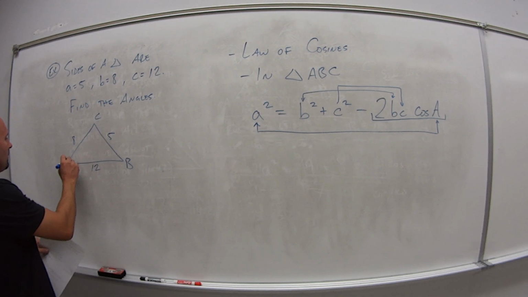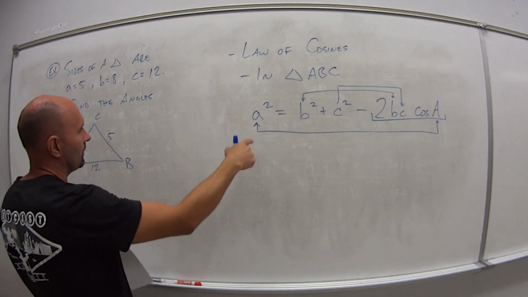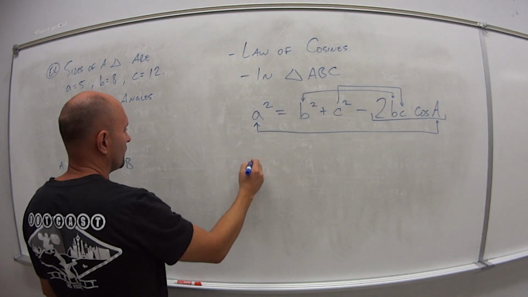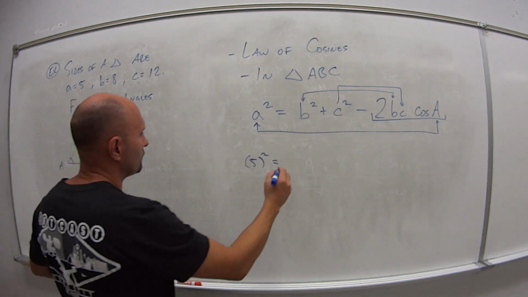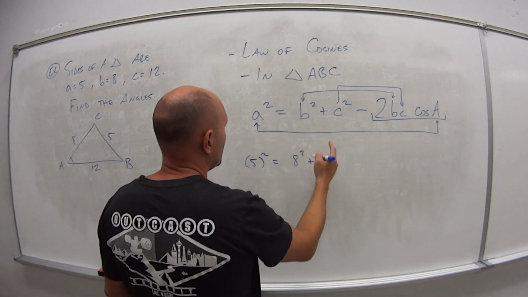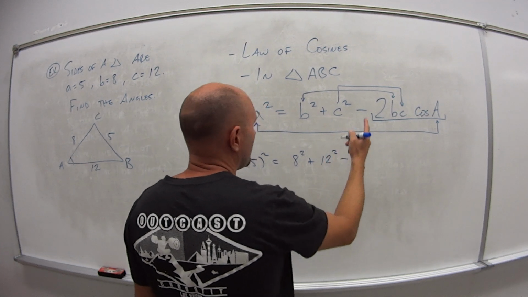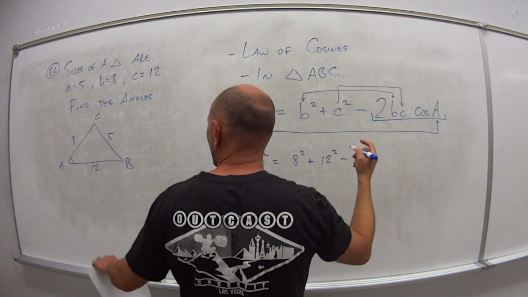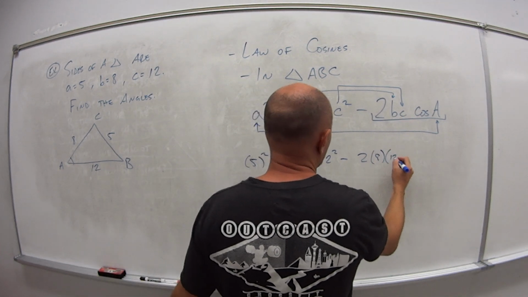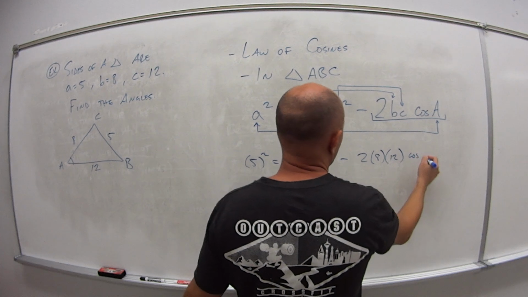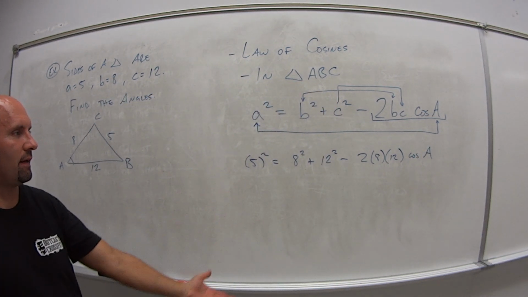But to figure out angle A, I can use the law of cosines, and it tells me that the side a squared, so 5 squared, is equal to 8 squared plus 12 squared minus 2 times b, which is 8, times c, which is 12, times the cosine of angle A. That's our unknown. We're trying to find that angle.